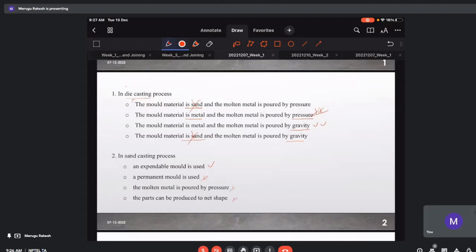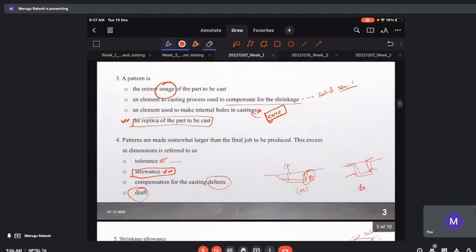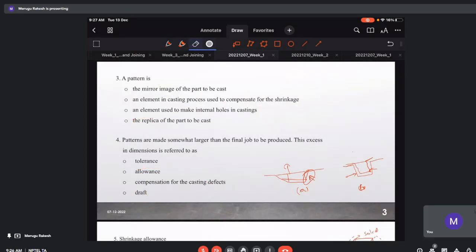No. In sand casting, it is difficult to produce products to net shape, which can be directly used in application without any further processing. These were already discussed in the previous class, but due to some error I could not record and upload that video.